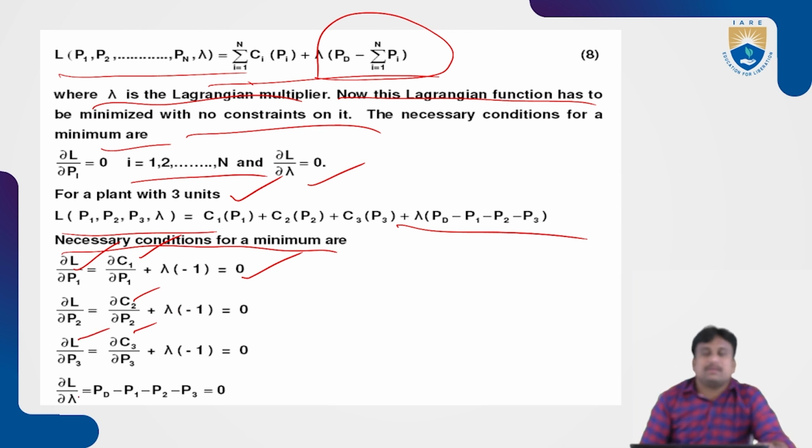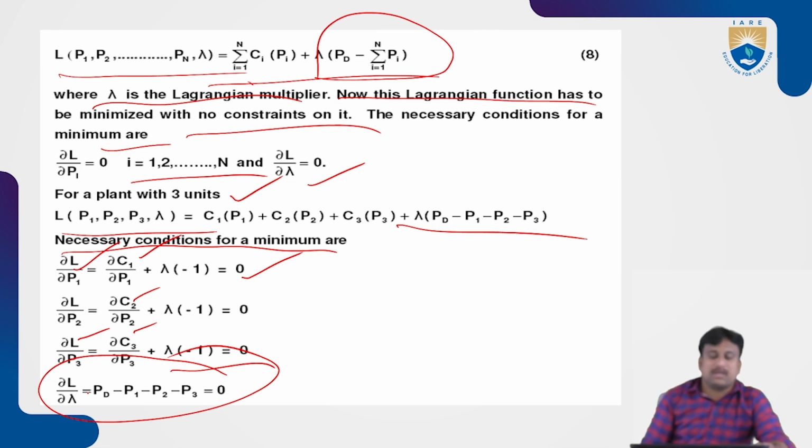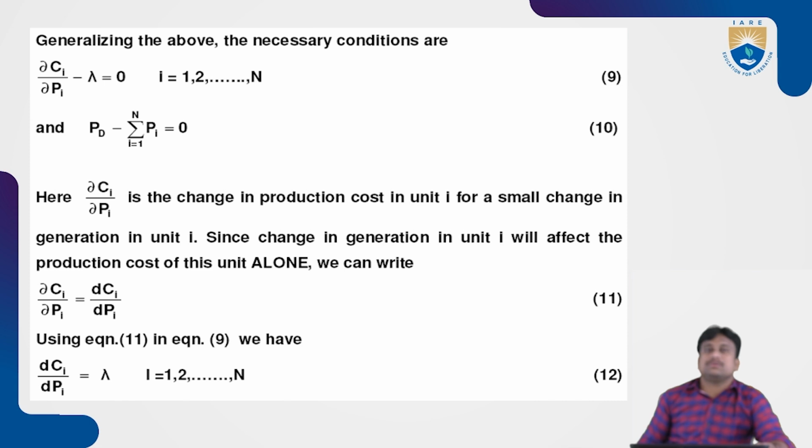Similarly, dou L by dou P3 equals dou C3 by dou P3 plus lambda of minus 1, equals 0. Finally, dou L by dou lambda is Pd minus P1 minus P2 minus P3, which equals 0.